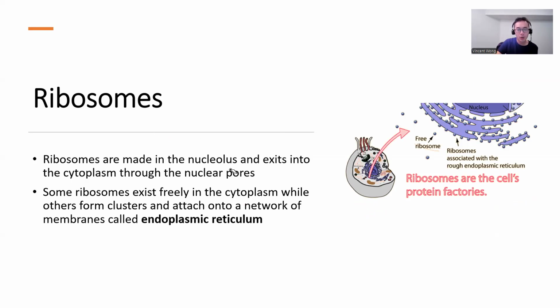Ribosomes are made in the nucleolus and exit into the cytoplasm through the nuclear pores, the openings that are found on the envelope. And we have been saying this a couple times already, but some exist freely in the cytoplasm, while others form clusters and attach to the endoplasmic reticulum. The functions are the same. They're both going to be making proteins, but if it's free by itself, then the proteins are not packaged into vesicles. If it's with the ER, then you can put it in a bubble. We call the bubble a vesicle.